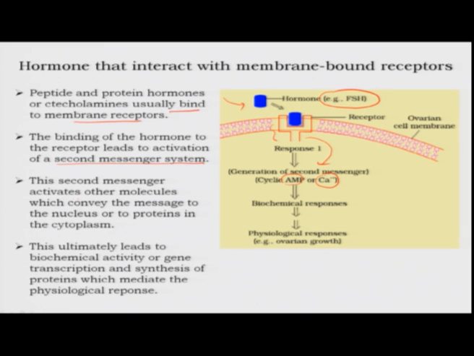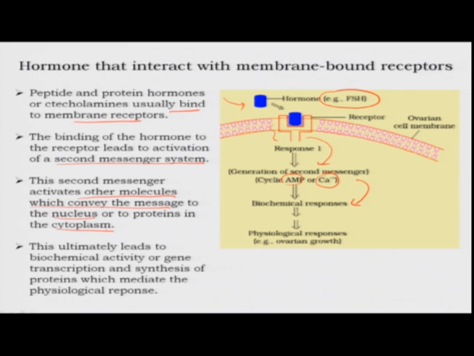This second messenger activates other molecules which will convey the message further, and this leads to activation of certain proteins. Either the message is conveyed to the nucleus or within the cytoplasm itself.